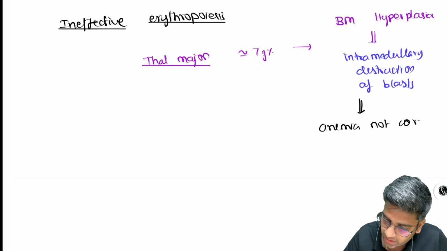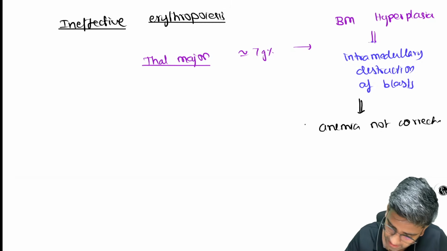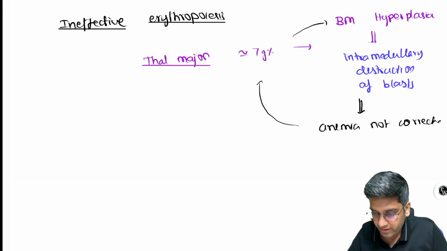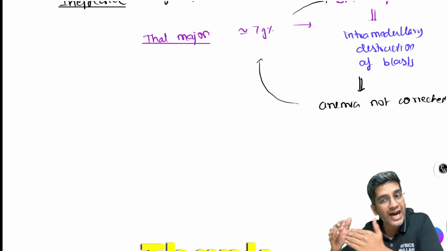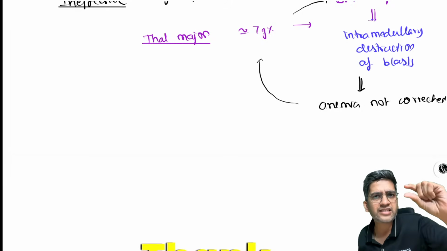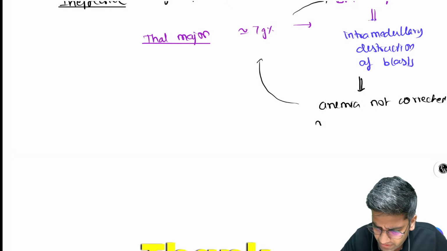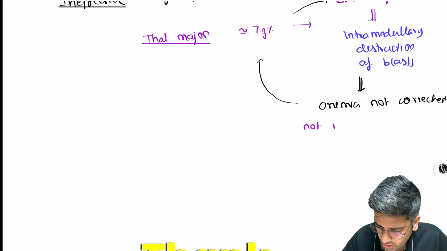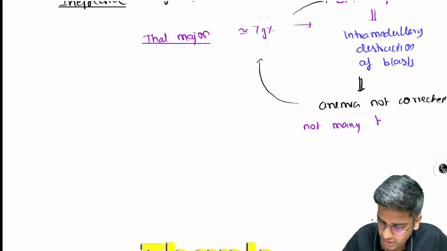And it goes into a vicious cycle. Not just the anemia is not corrected, at the same time, the RBCs which are coming out, that's the reticulocyte, right? Not many blasts reach the retic stage.